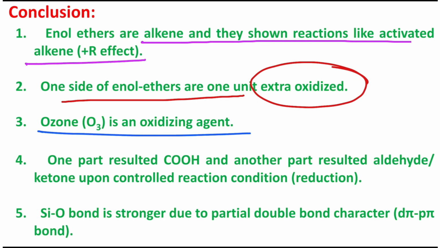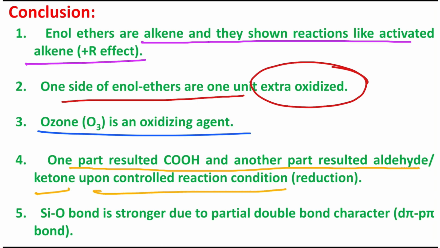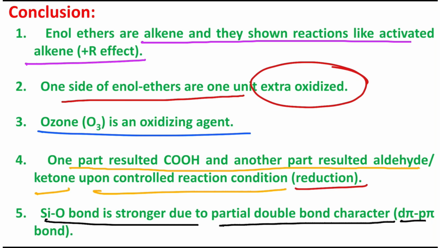One part results in carboxylic acid and another part results in aldehyde or ketone depending on the substituent, under controlled reaction conditions, meaning in the presence of a reducing agent, in this case DMSO. In some other examples you can see zinc dust, triphenylphosphine, etc., which also play the same role. And the most important point is that the silicon-oxygen bond is stronger due to partial double bond character, which is a d pi p pi bond.